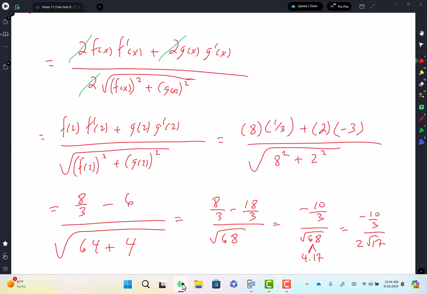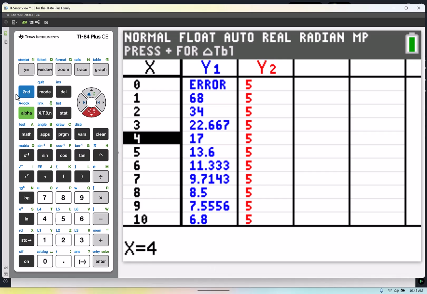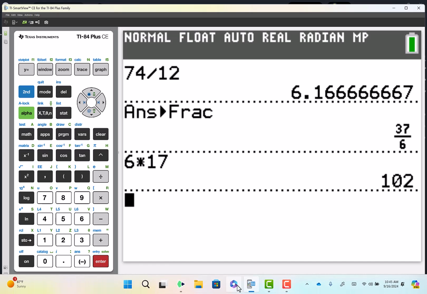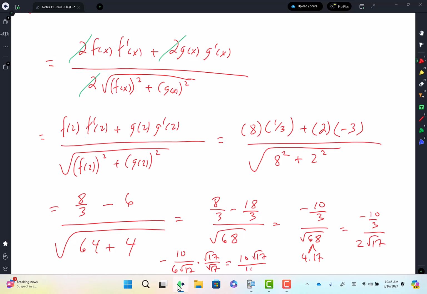So keep change flip. Negative 10 over 6 square root of 17 times square root of 17 over square root of 17. 10 square root of 17 over, what's 6 times 17? 102. Oh, you're fast. 102. All right. Simplify this. 10 over 102.